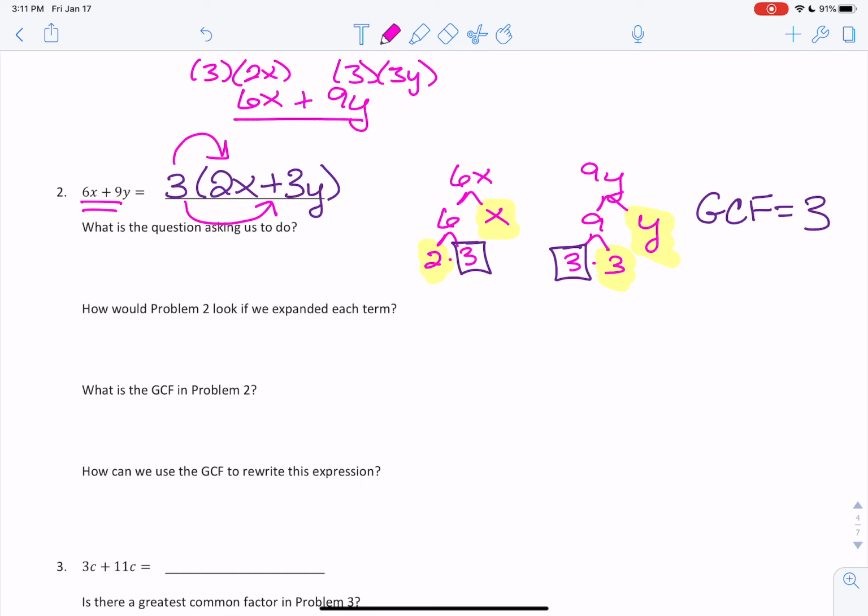Okay, so what is the question asking us to do? The question is asking us to factor out the greatest common factor. How would problem 2 look if we expanded each term? Well, if we expanded each term, we'd have 2 times 3 times x for 6x, right?